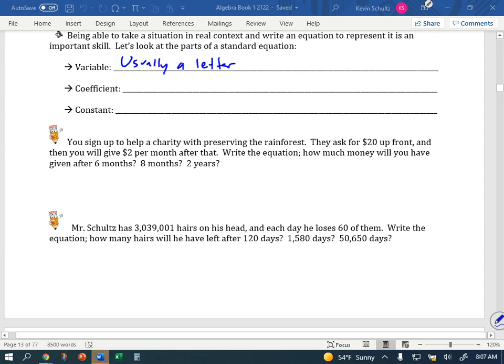It can be a symbol also. It's just something that represents an unknown. But we usually use a letter. It can change, right? You can plug different values in for a variable to test different things. But generally, it's what we're solving for.